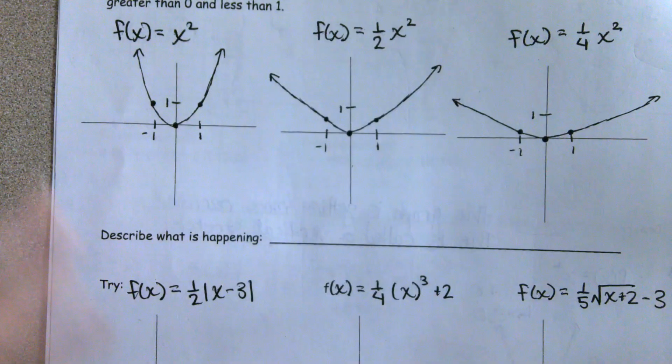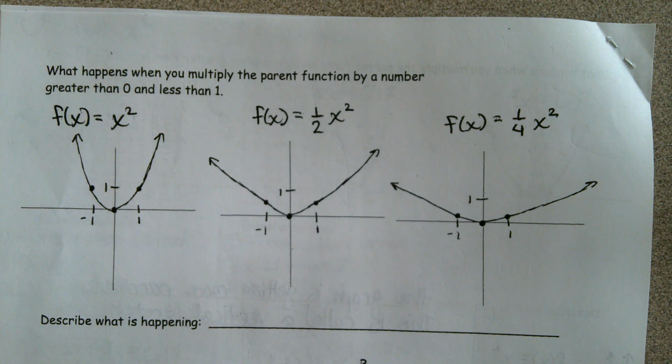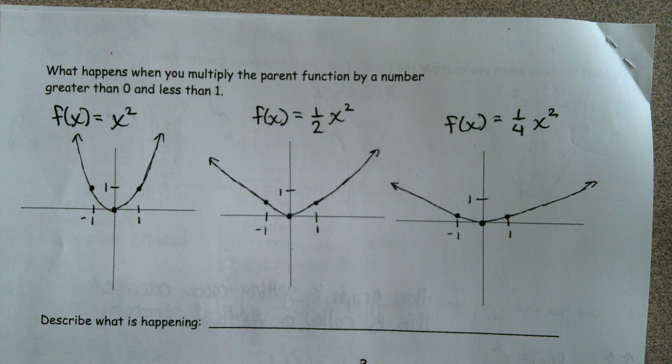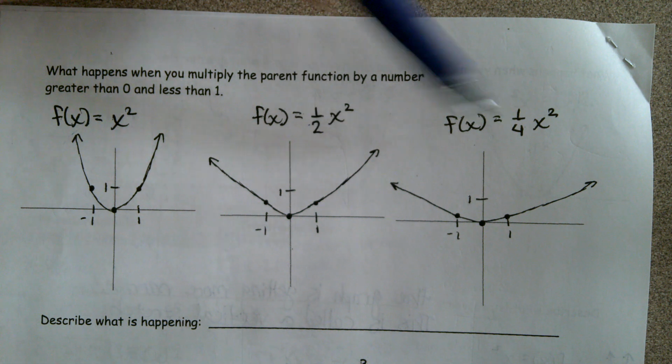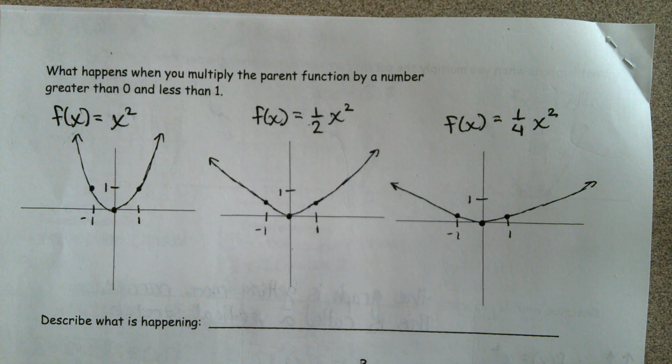Back page, we're going to do one more type of transformation, one more example, and then we are done. What happens when you multiply the parent function by a number greater than 0 and less than 1? Meaning between 0 and 1. So here we have again the original x squared, and then when we put a fraction in front of it that's smaller than 1, notice the exact opposite thing happens.